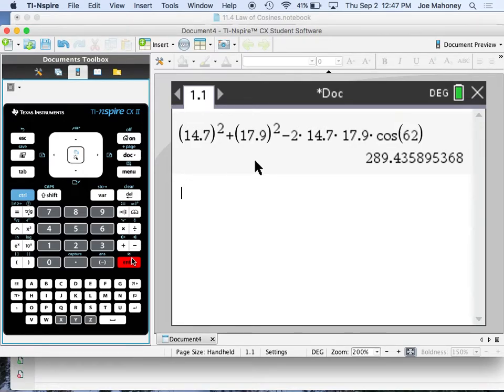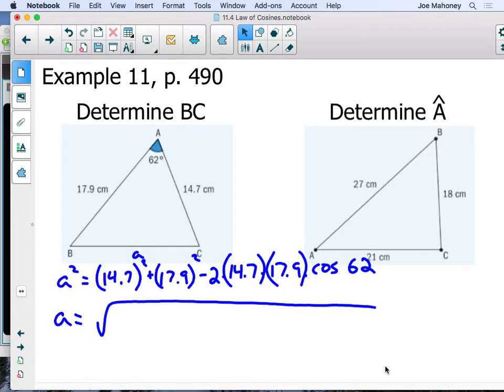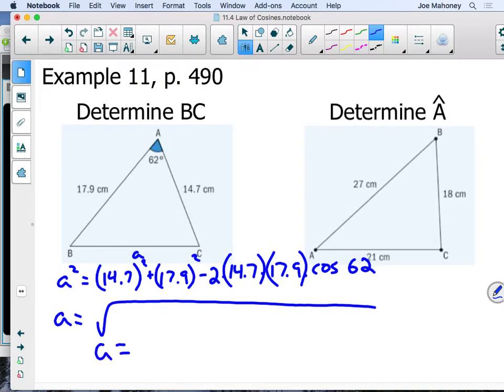So now I'll take the square root of that. I'm going to go square root of the previous answer. So to 3 significant figures, it's like 17.1 or so. So side A or side BC, 17.0.